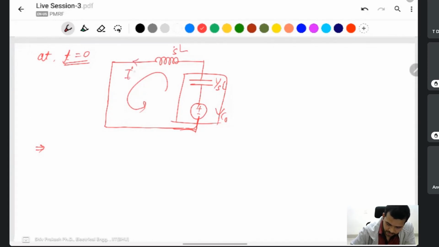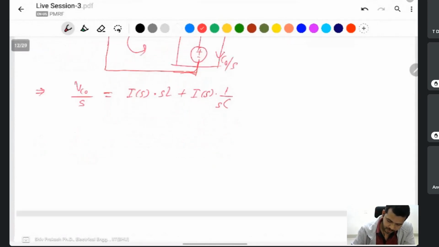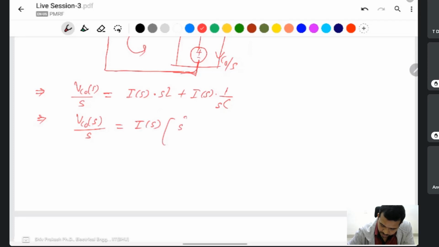Taking the current I(s) in the Laplace domain, the initial voltage term is VC naught divided by s. So VC naught over s equals I(s) times sL plus I(s) times 1 over sC, the capacitor term. Taking I(s) common, we get s squared LC plus 1.